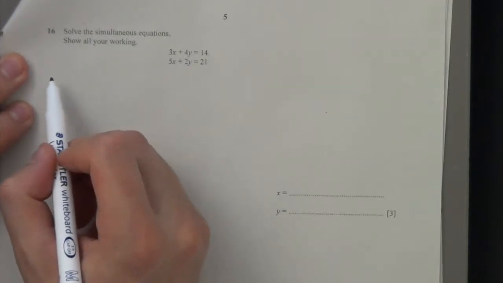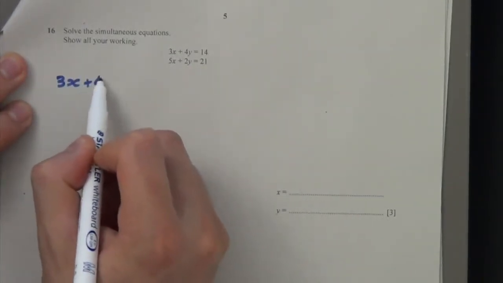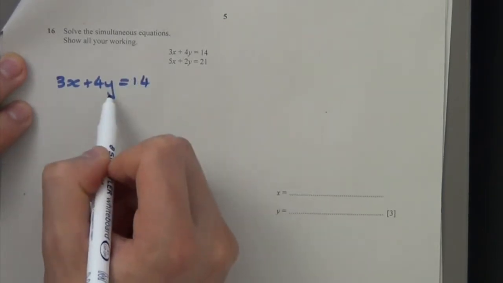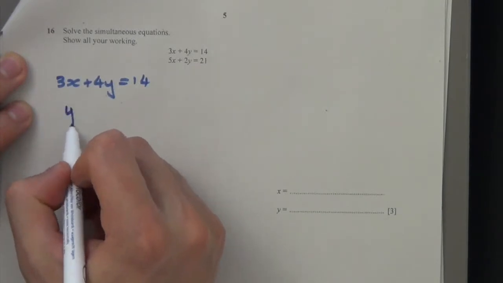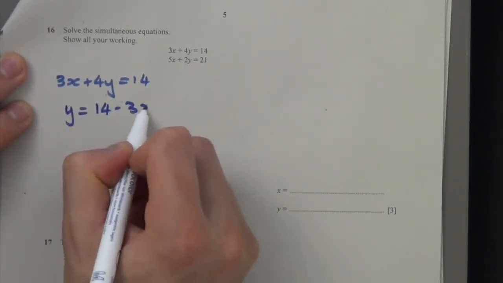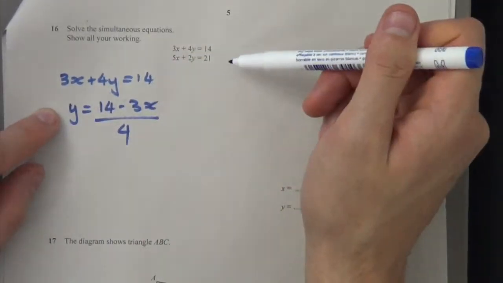So I do 3x plus 4y equals 14. I'm going to make y the subject, so it becomes y equals (14 minus 3x) over 4. Now I've got my y from this equation.